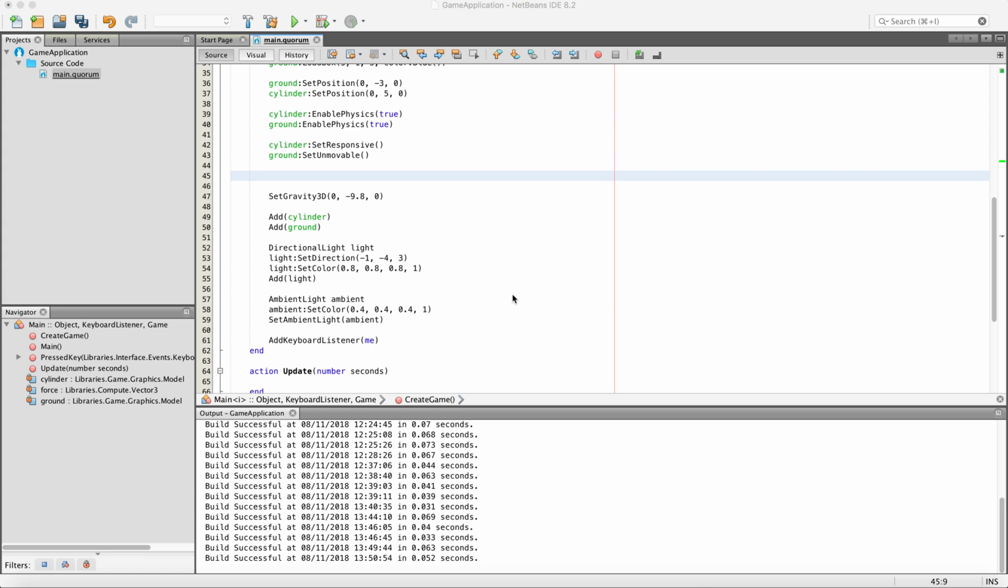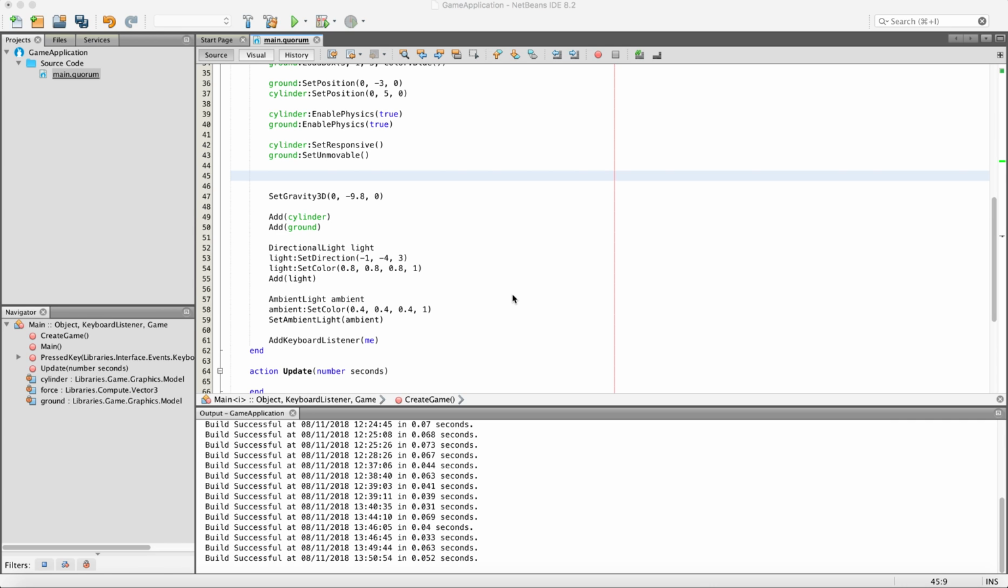We cannot set the density ourselves, so we have to settle with only being able to set the mass. By default, in three-dimensional objects in Quorum, when you have physics enabled on them, the mass is set to a default value of 1 kilogram.